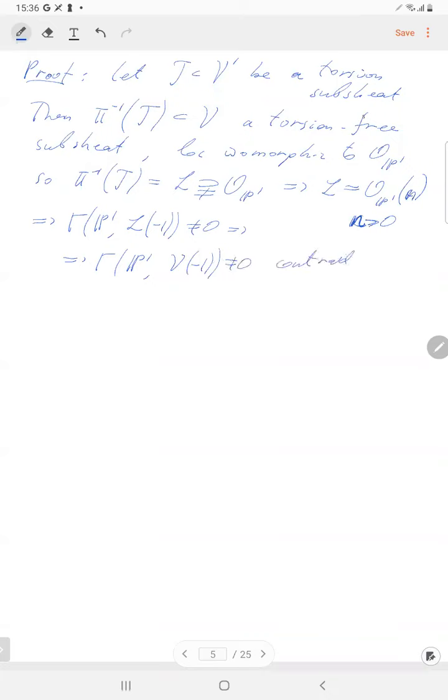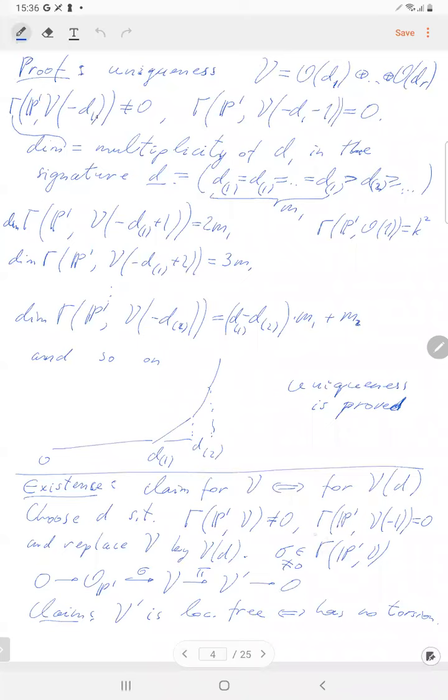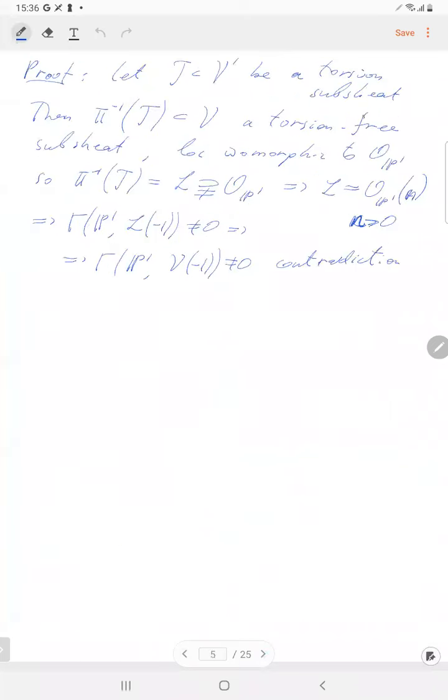We assumed this was 0, if you remember. Yeah, this was our assumption. The global sections of twisted V is 0. Okay, so we proved that the quotient sheaf V prime is locally free. Nice.